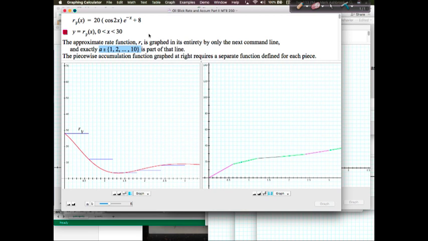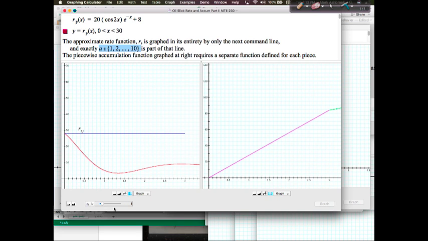Now, if you change n, the number of intervals being shown from 1 to 3. Here, n is 5, so we have 5 intervals from 1 to 3. If I choose n to be 1, it automatically shows what that approximate rate function would be with one interval from 1 to 3.